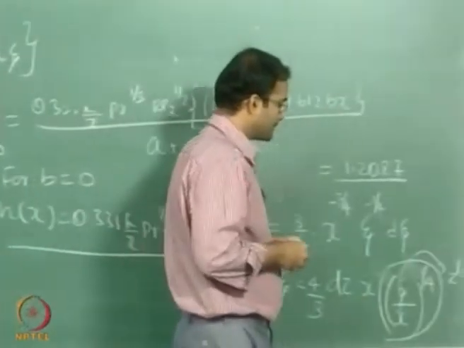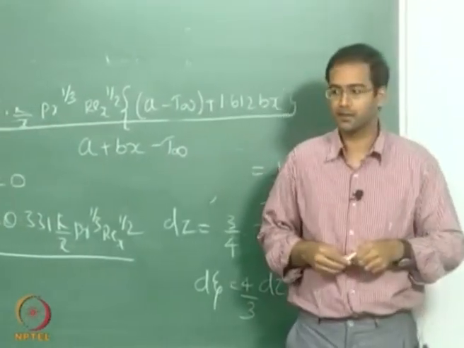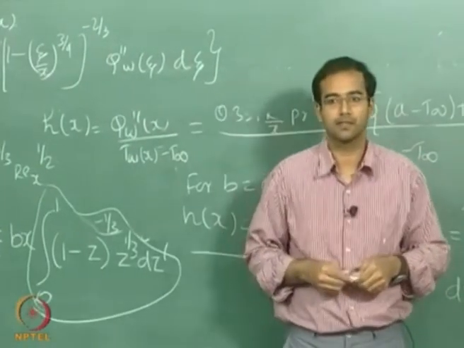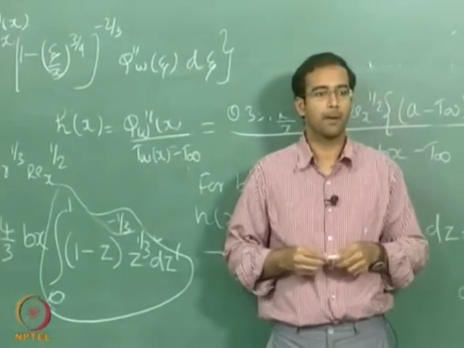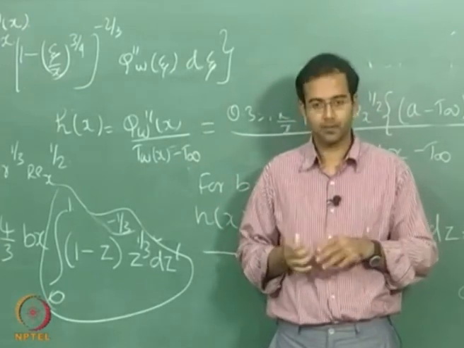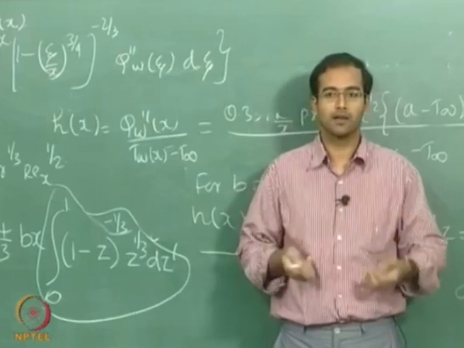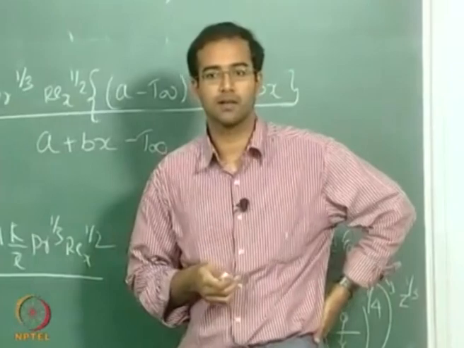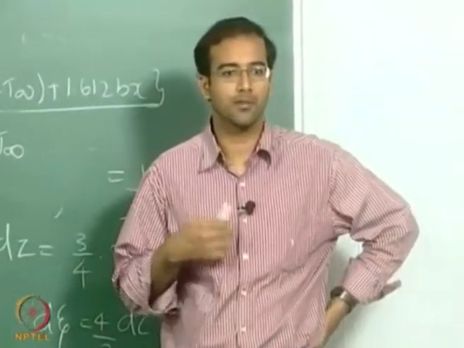So I think with that we will wrap up the external laminar, external boundary layer flows. We have covered quite a bit. We have almost covered whatever possible similarity solutions under external boundary layers, and also the approximate methods.